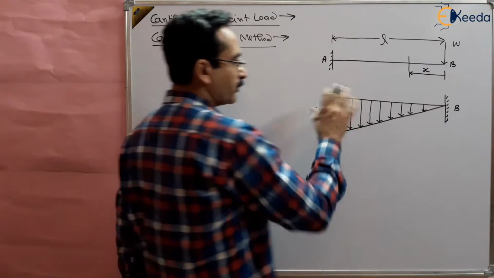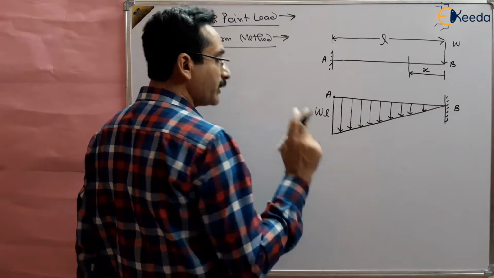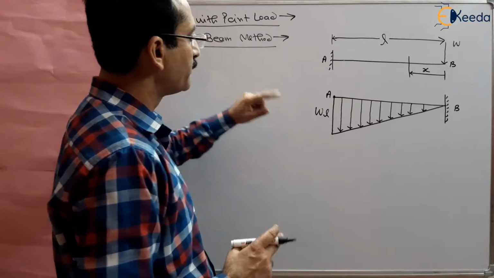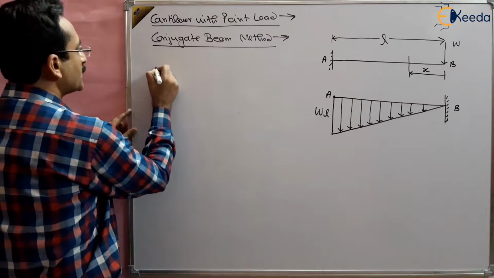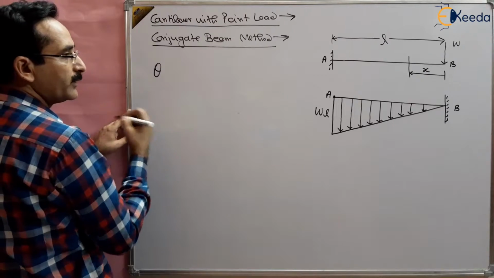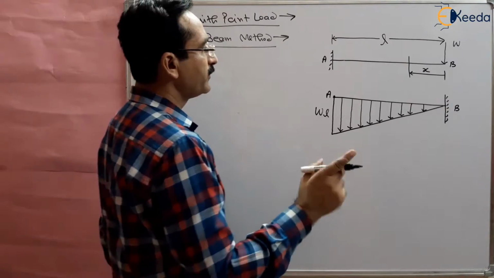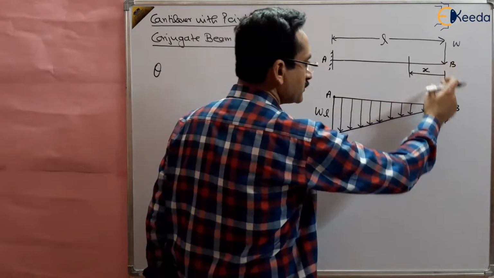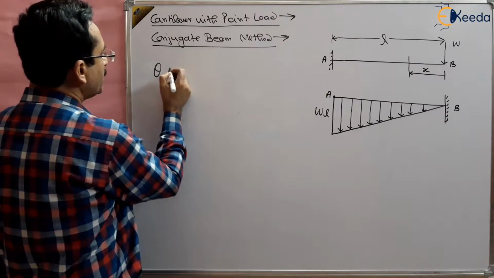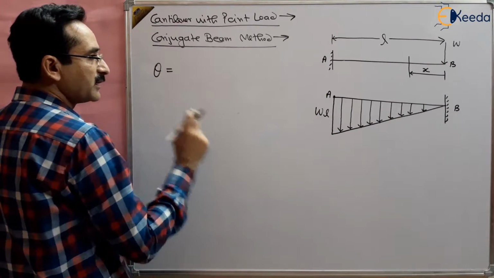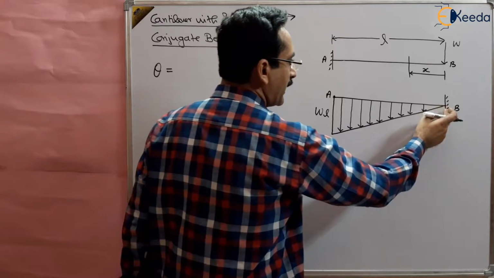So what is the total load and the slope? According to Mohr's theorem for the conjugate beam, the slope will be given by the shear force, and we know that the slope will be maximum at point B. So the slope at point B, or any point, will be the shear force at that point, right?